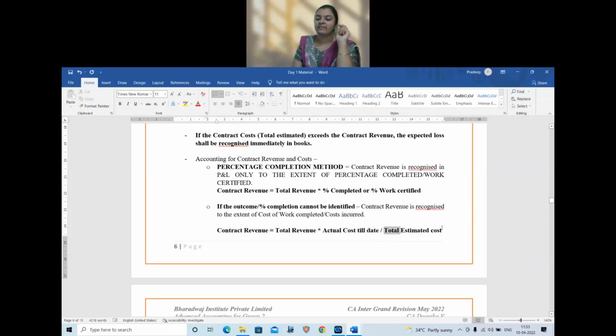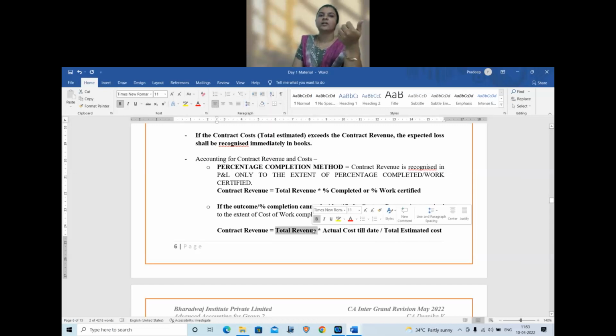How will it be revised? In the total estimated cost, the revised value will be taken. In the total revenue also, the revised value will be taken. Simple rule. So only 3 rules for us to remember here.